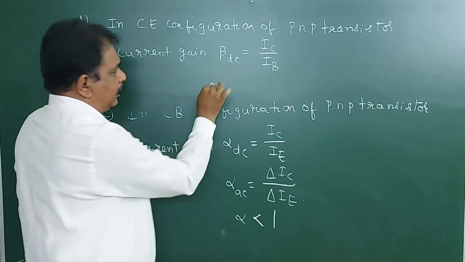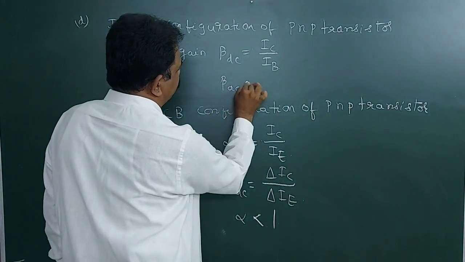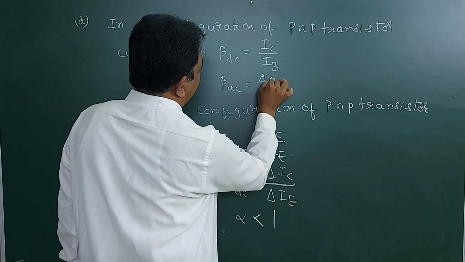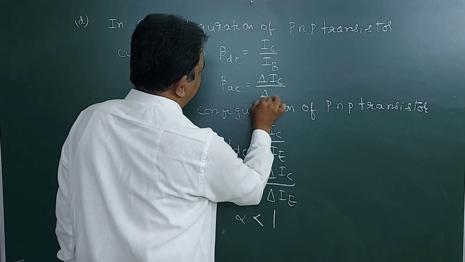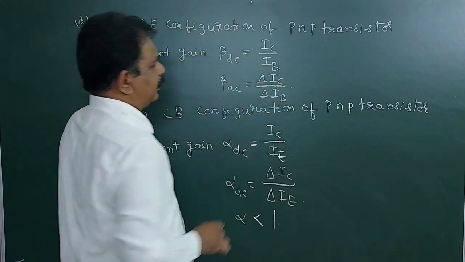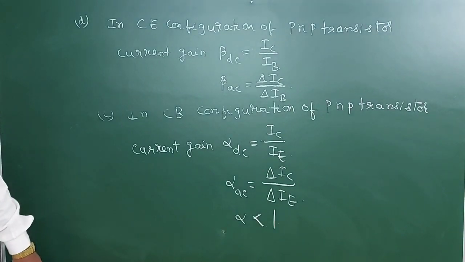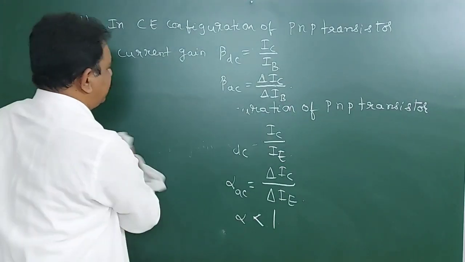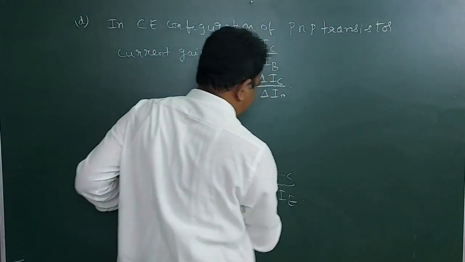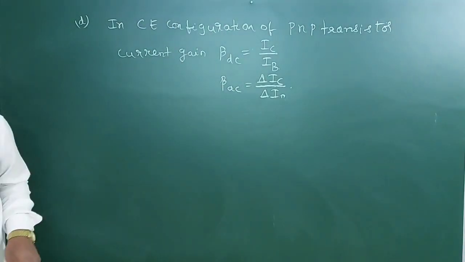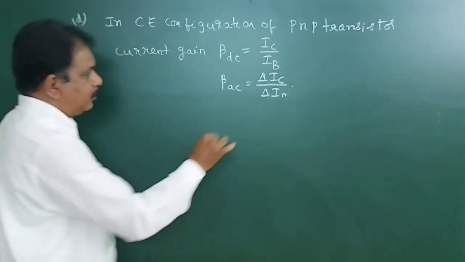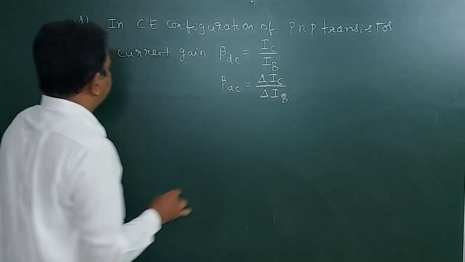Okay, beta AC is equal to delta IC by delta IB. Next, they will ask the relation between alpha and beta.